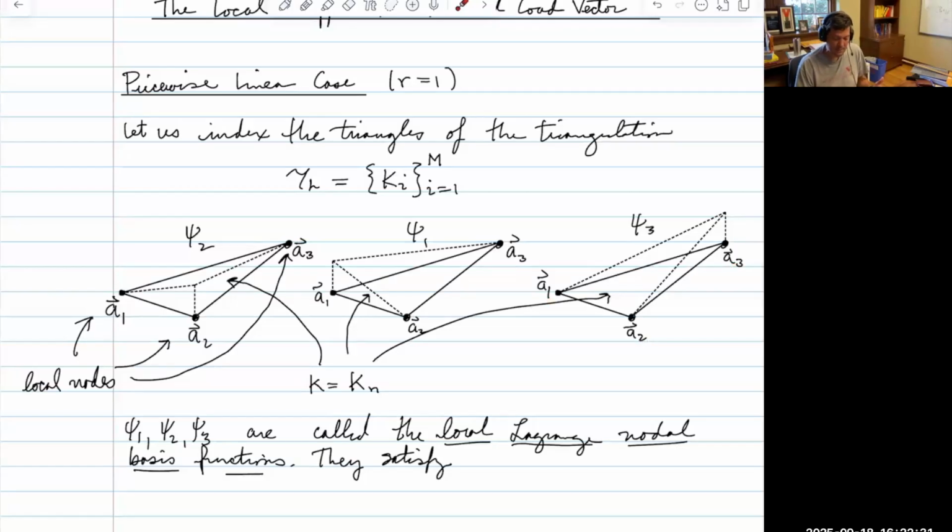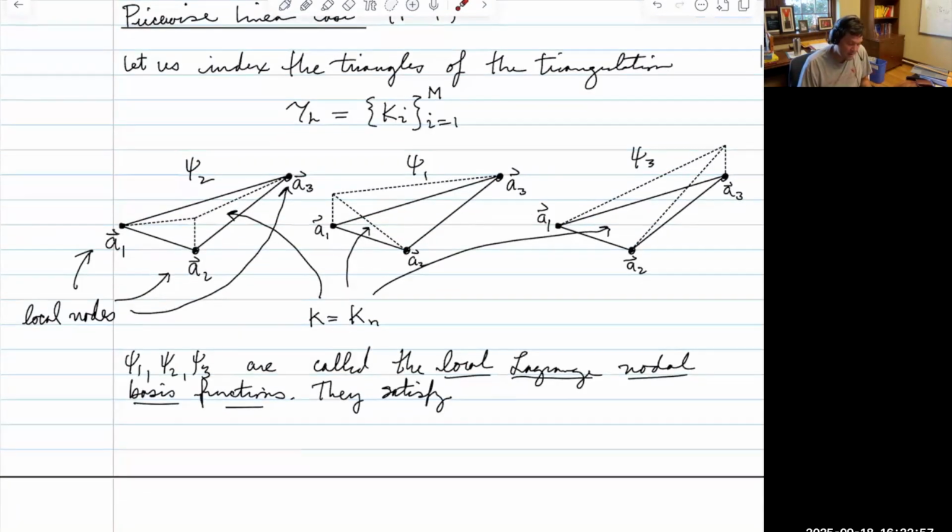Remember, the rule about local degrees of freedom is that I have to number in counterclockwise order. It doesn't matter what you pick as being the first vertex, whether I take this one or this one, but thereafter I just need to keep a convention, so I'm going to number them in counterclockwise order.